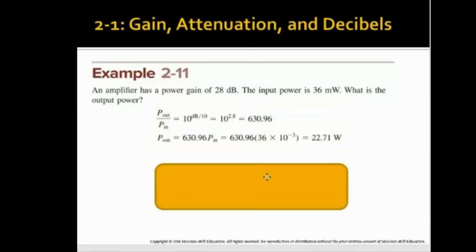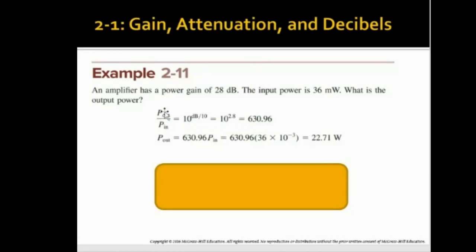Okay, so we can write the equation P out over P in equals 10 raised to decibel over 10, because these are power. So the decibel value is 28 divided by 10, which is 2.8. So we have 10 raised to 2.8, which is 630.96, equal to P out over P in.